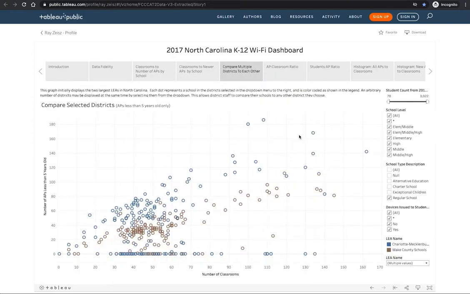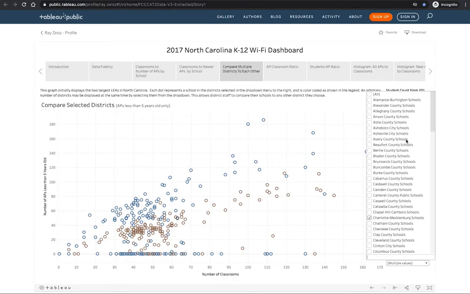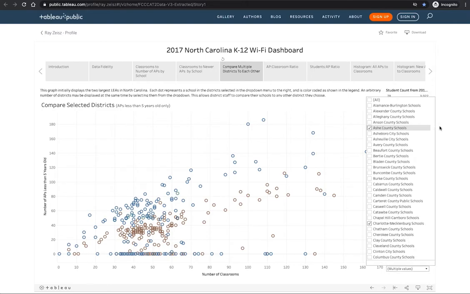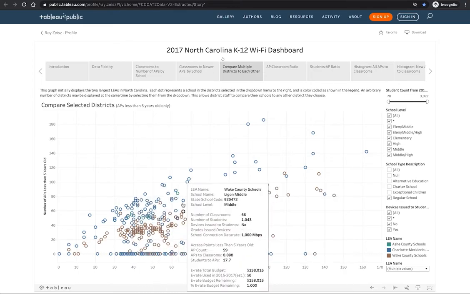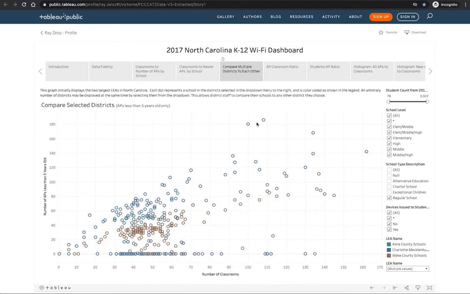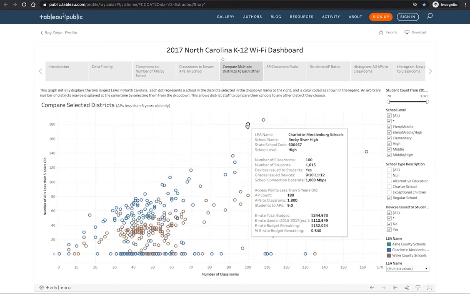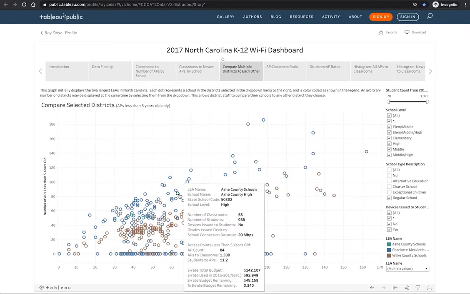We also have a way to compare 2 districts. So you can pick multiple districts. I've got only 2 on here right now. We can pick a 3rd. So these are 2 massive districts, and Ash is pretty small. So we can put that on the chart, and Ash is the lighter green color here.